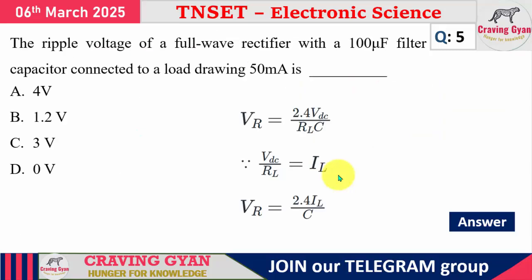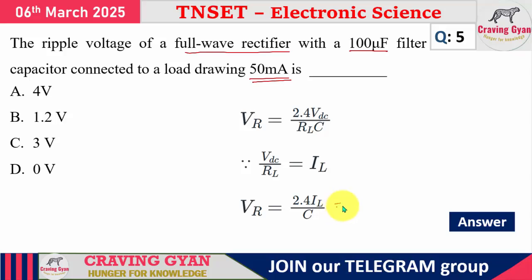In the fifth question, what they have given is the ripple voltage of a full wave rectifier with a 100 microfarad filter capacitor connected to a load drawing a current of 50 milliampere. The formula is that the ripple voltage is given by 2.4 times VDC divided by RL times C. We know that VDC divided by RL will be equal to IL.